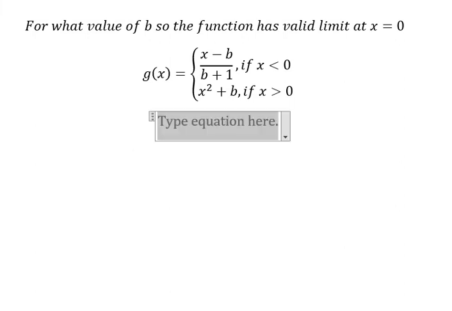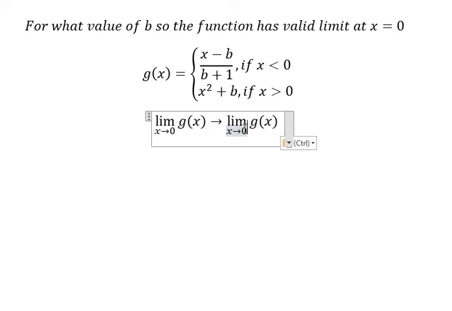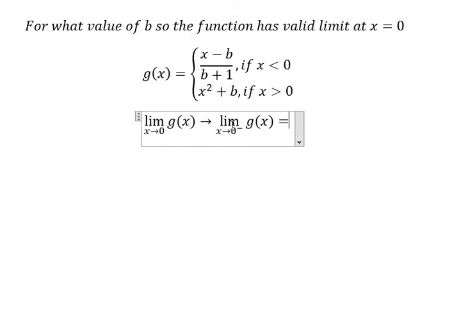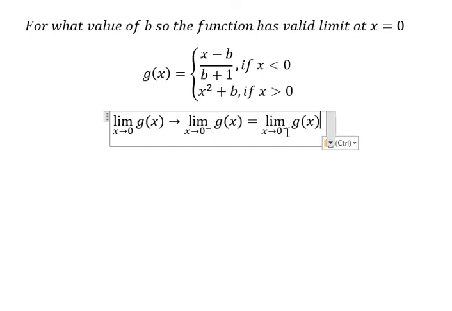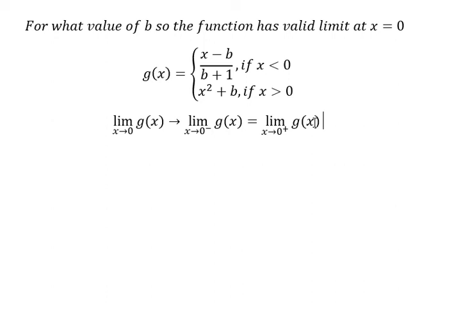So if we want to get the limit as s approaches 0 of g of s, the value of the limit on the left and on the right should be equal.